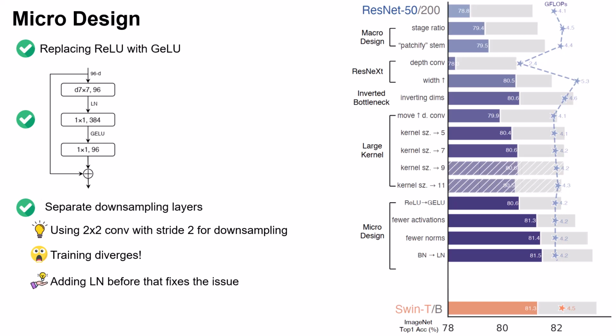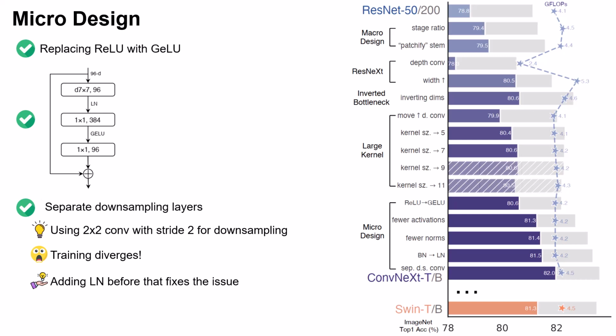So they added layer normalization before this downsampling, and surprisingly it fixed. So that gives us a new insight. Whenever we do downsampling, training becomes unstable if we do not normalize the intermediate values that we have in the middle. And by doing that, the performance increases to 82%.